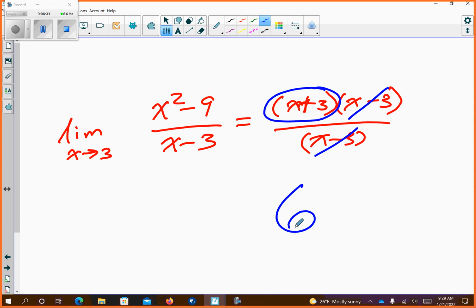Now, there are times that it won't factor. I don't think you're going to run into it in this class, but there are different rules in place as you get into derivatives, where a derivative reduces the exponents, and then you see if something will cancel out that way. Sometimes you take a second derivative and keep going. There are sometimes that a limit just won't exist.